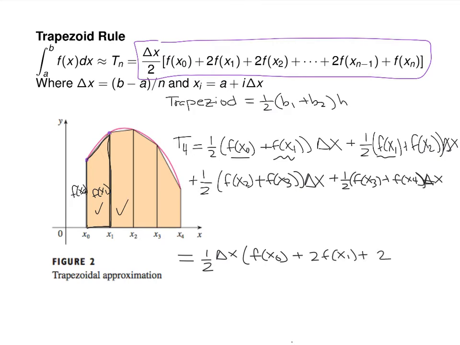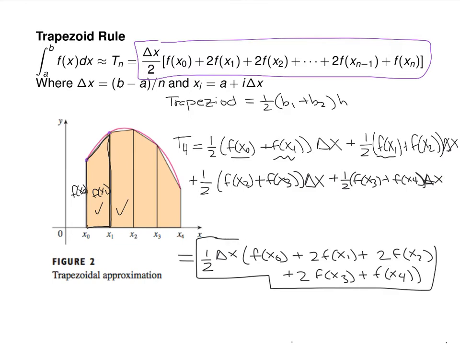And then we have 2 f of x2s, 2 f of x3s, and just a singular f of x4. And 1/2 times delta x is the same thing as delta x over 2. So that is where that formula comes from. It comes from the area of a trapezoid.